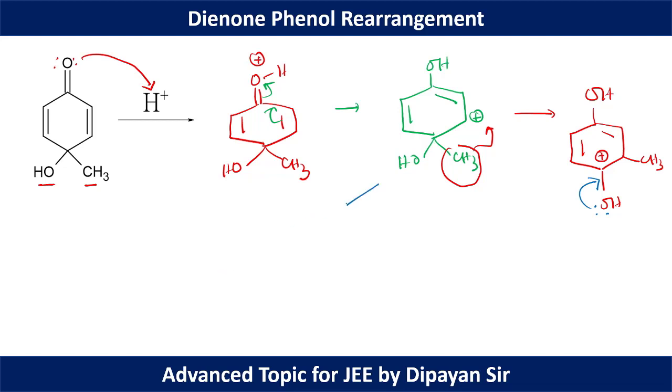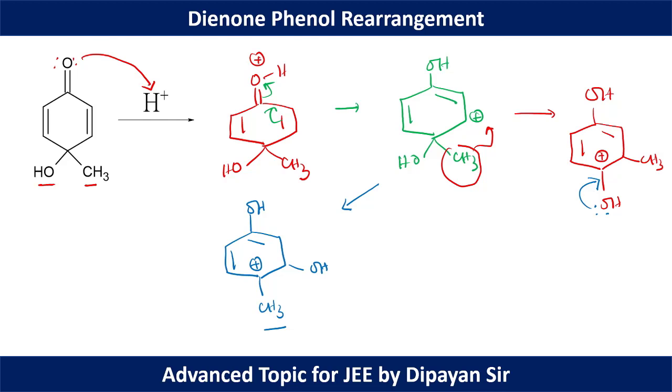But if we migrate OH, the formed carbocation can be stabilized by hyperconjugation of methyl.